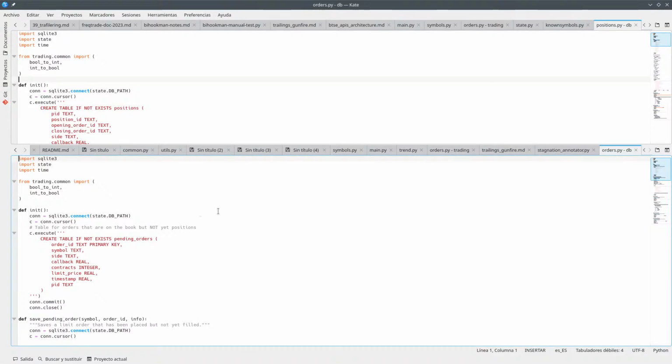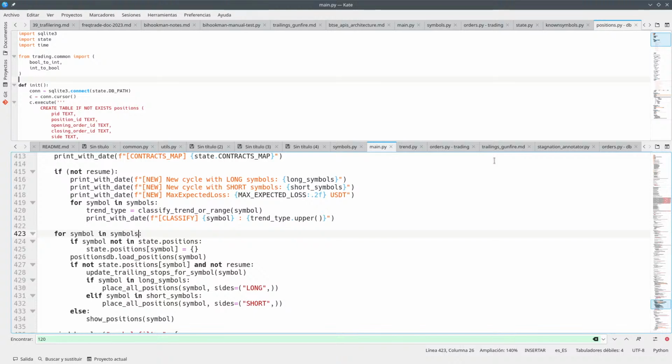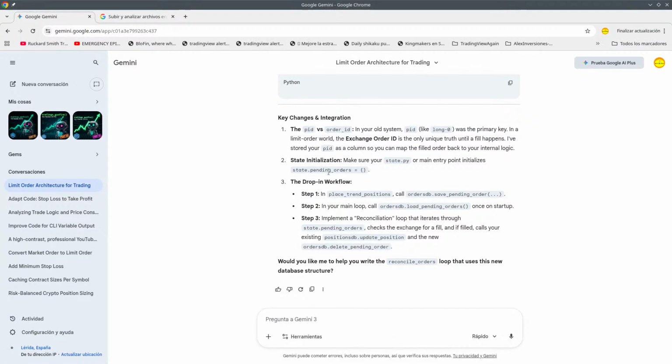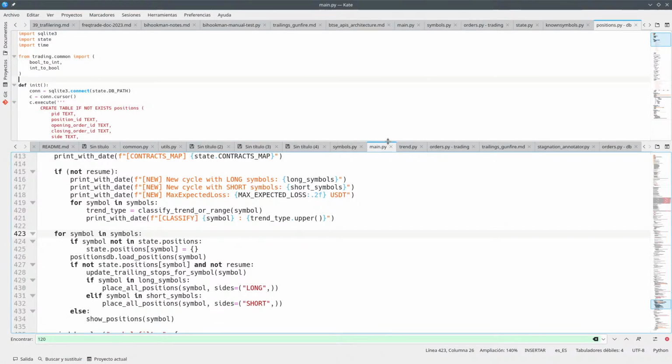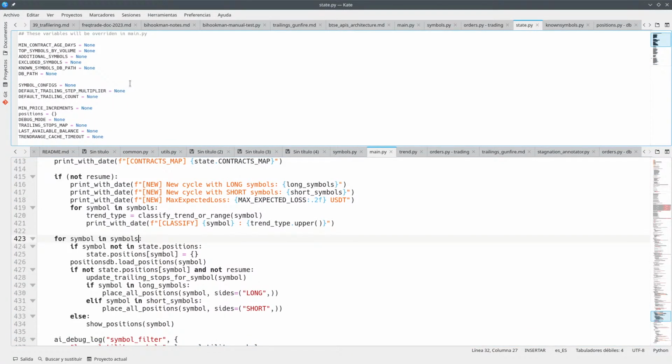So pending orders. State.py. So this says that I need to be checking state.py. So instead of positions, which is what you usually would do, we are going to have pending orders, isn't it?